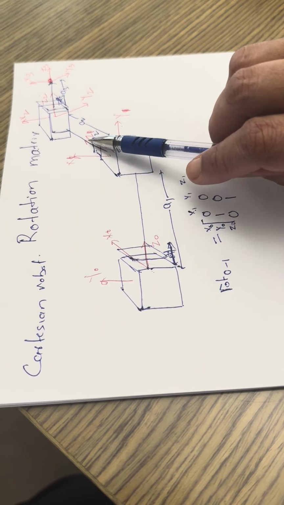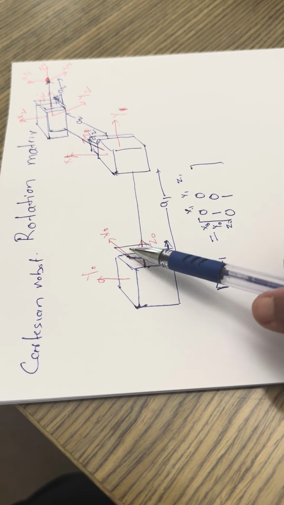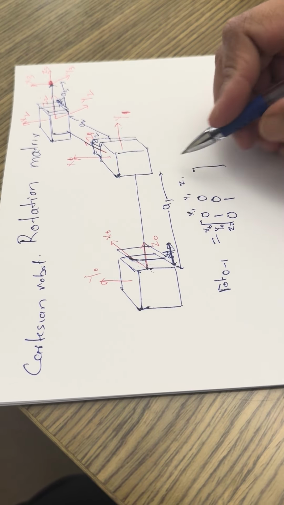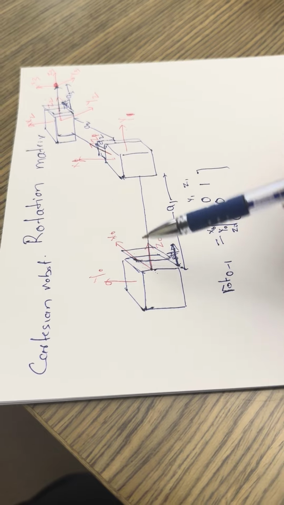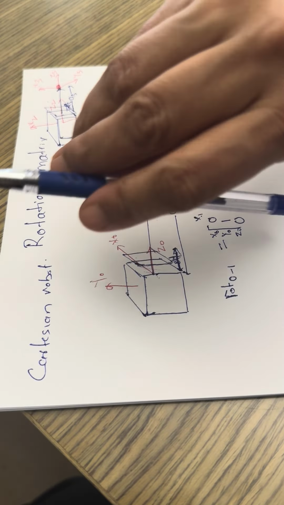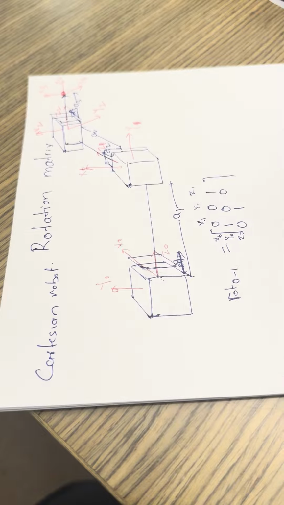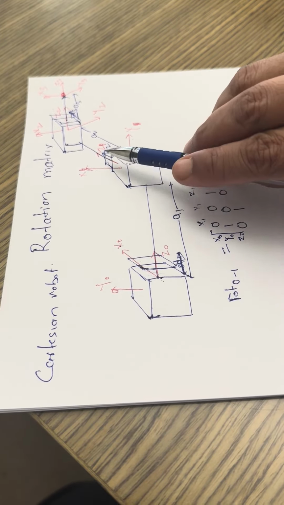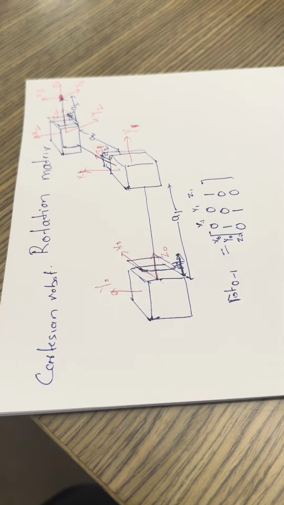Now Z1 with X0, both are in the same direction, so it is 1. And Z1 with Y0, that is 0 because these are perpendicular. Y0 is like this and Z0 is in this direction. And Z1 and Z0 also 0.